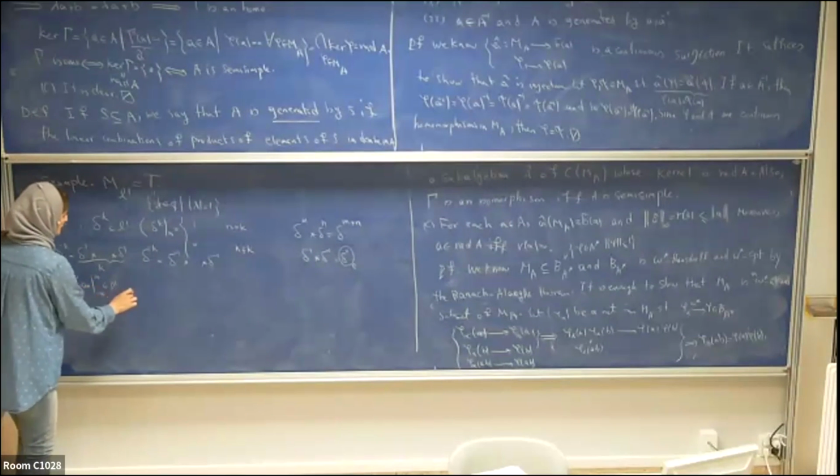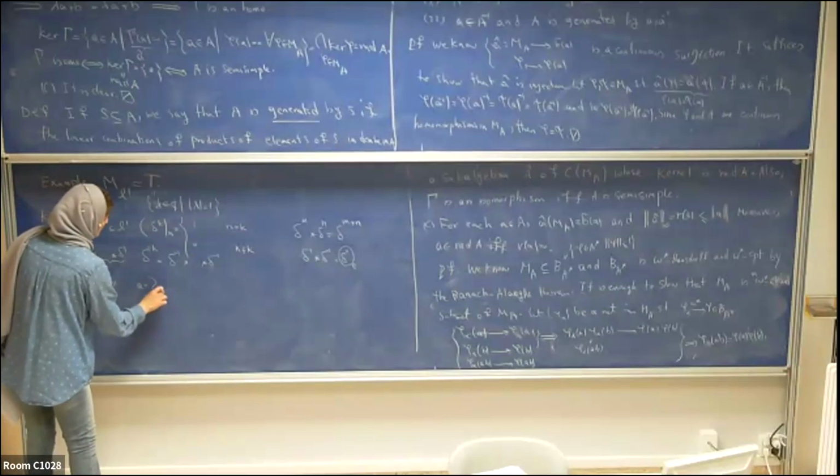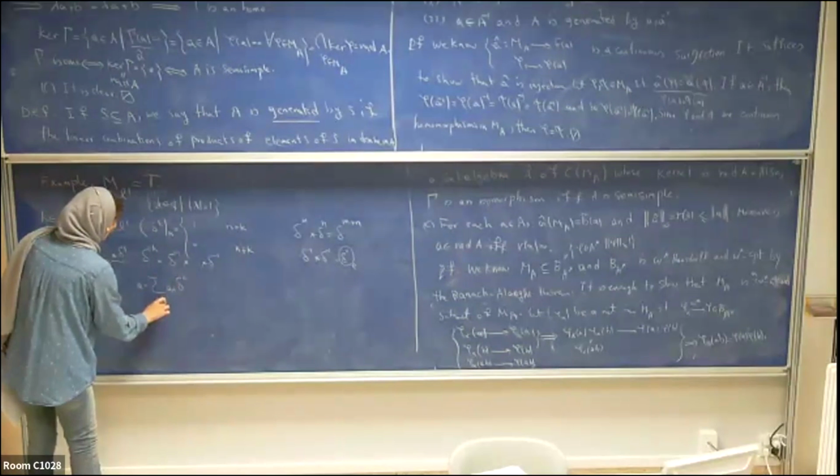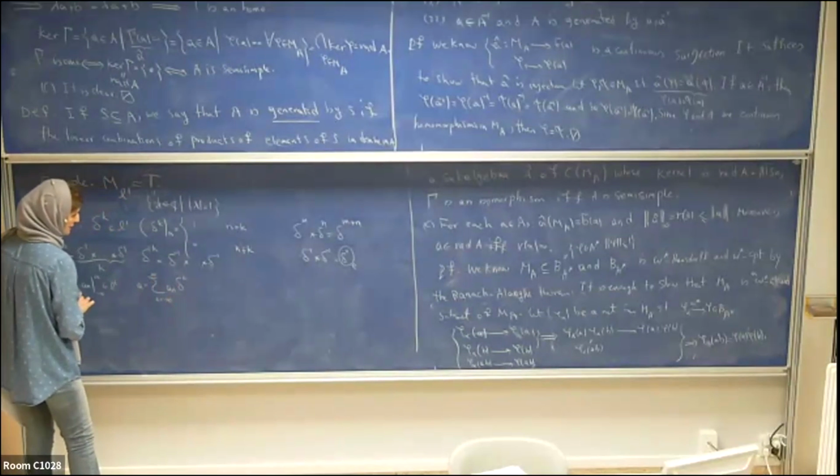And by this notation, each A in L1 can be written like this: sigma a n delta n, from minus infinity to infinity.